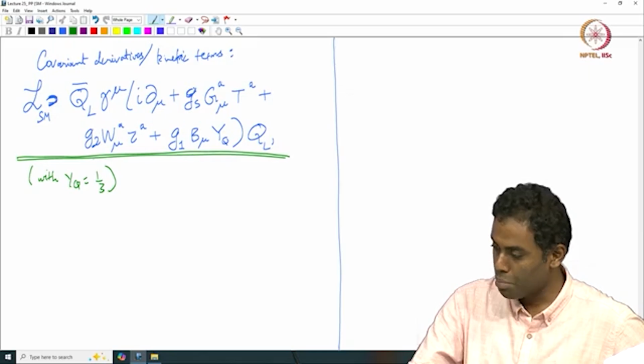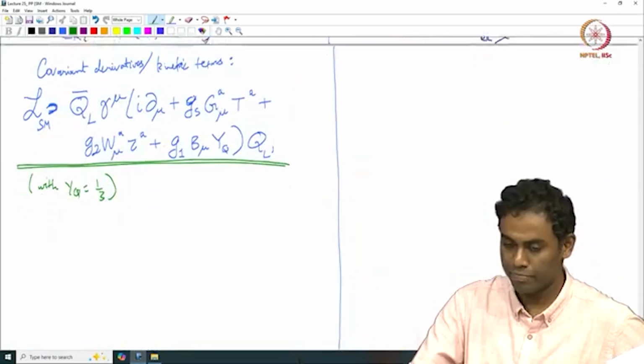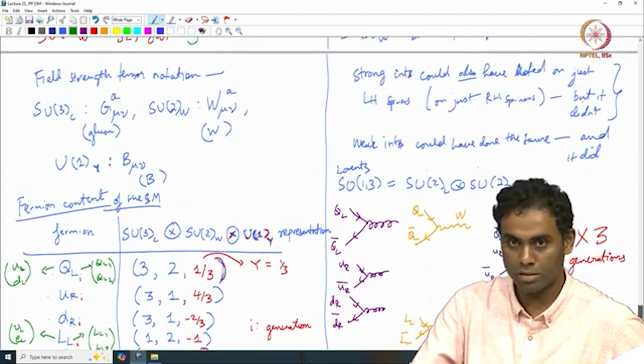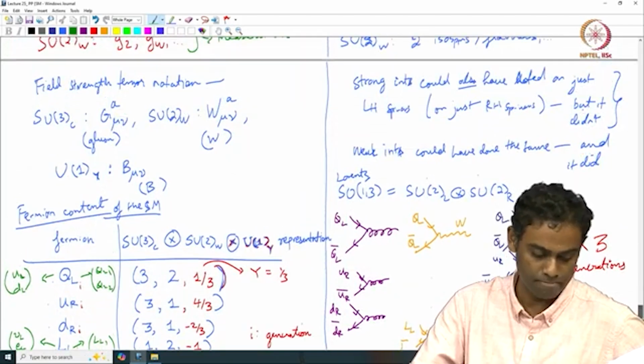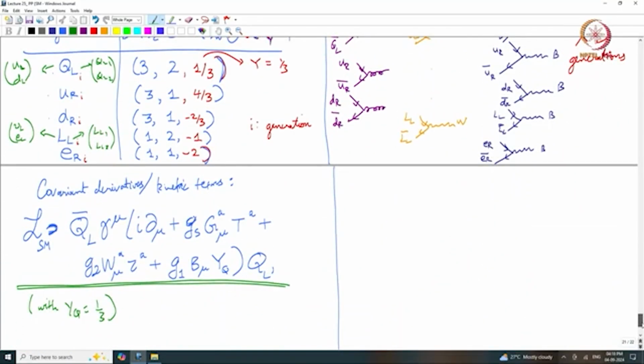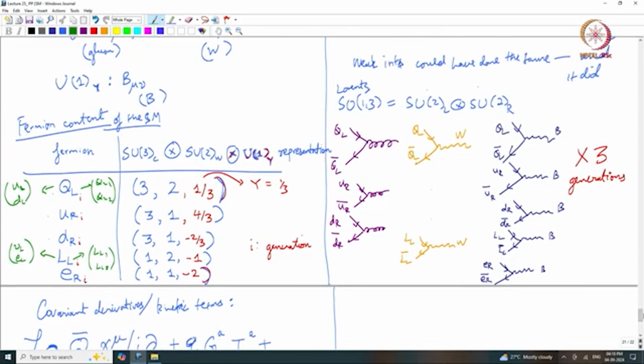Very good. Now we get to something very interesting, which is to think about the masses of these particles. If you think about it, I've written down the kinetic term using covariant derivatives. So I've written down all the interactions. I've accounted for all the vertices that I've drawn here. But what about the masses?